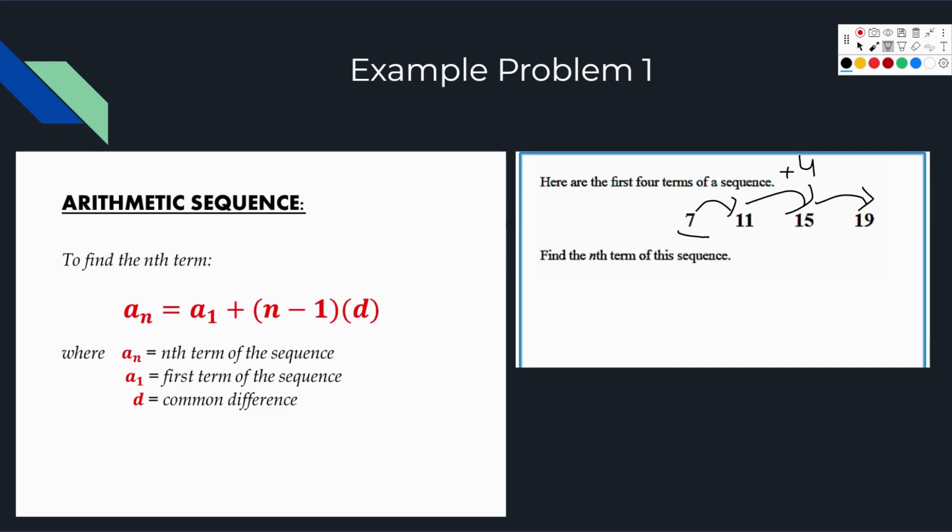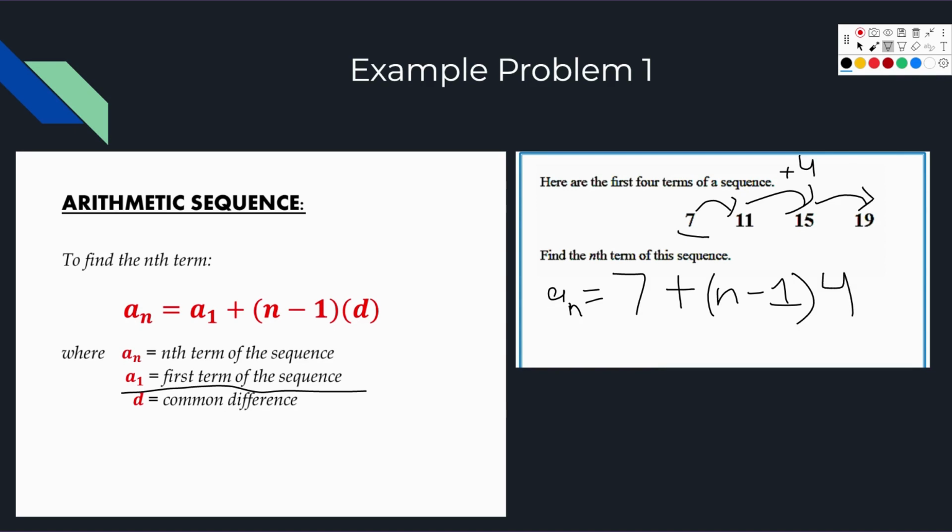All right, using this, we simply write out the equation a_n equals a_1, which is the first term of the sequence, which would be 7, plus n minus 1 multiplied by d, which is the common difference, which we found up here as 4.